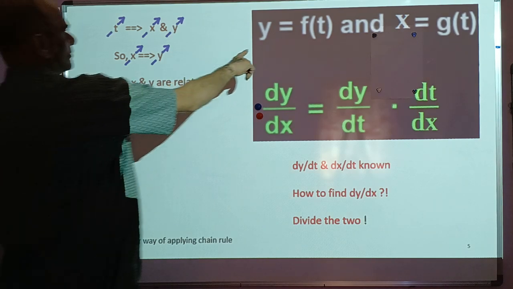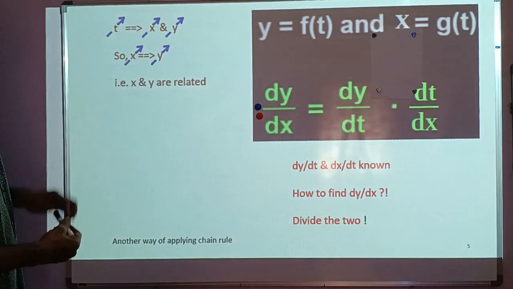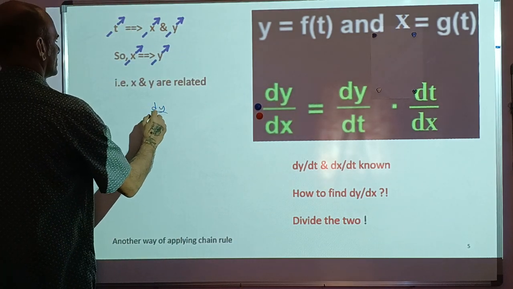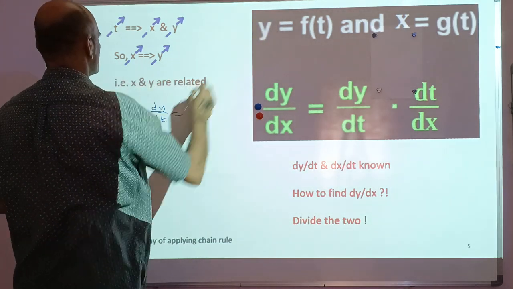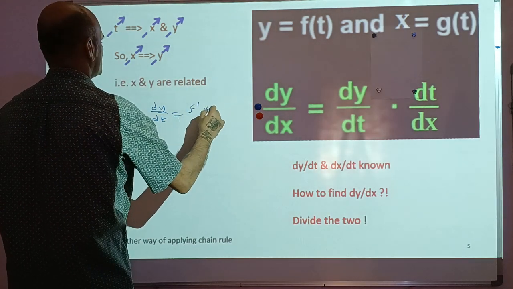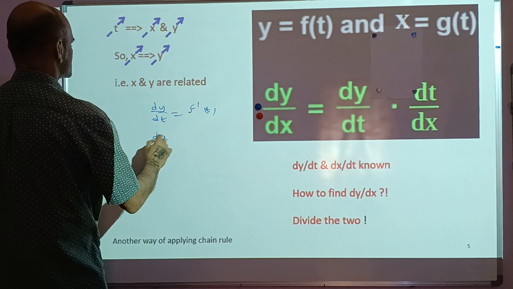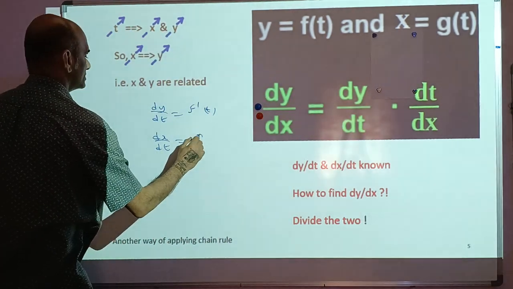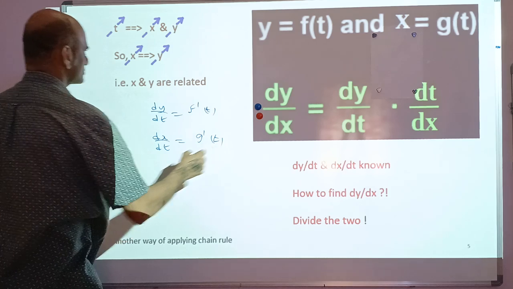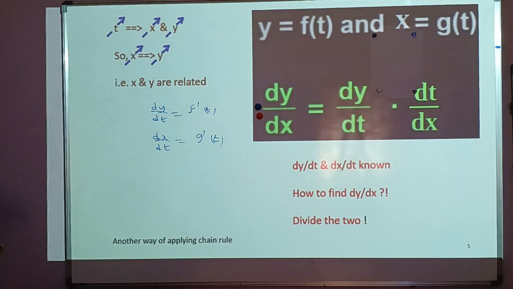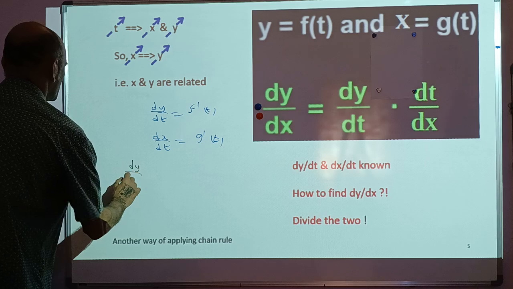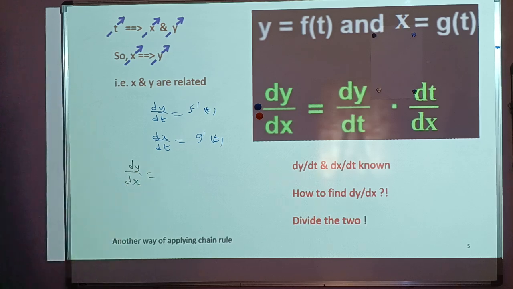But from these two definitions, what I will know is dy by dt is known because f will be given as f dash t, and then dx by dt is also known using this one as g dash t. From this I have to find out dy by dx.